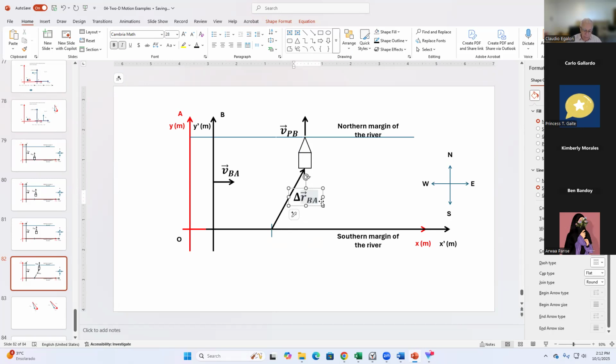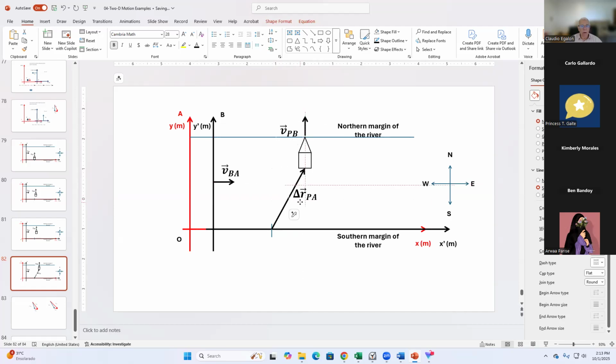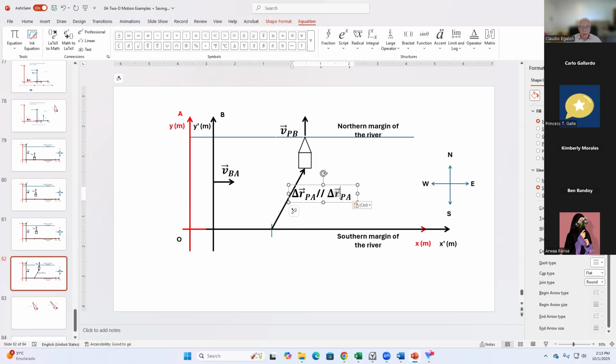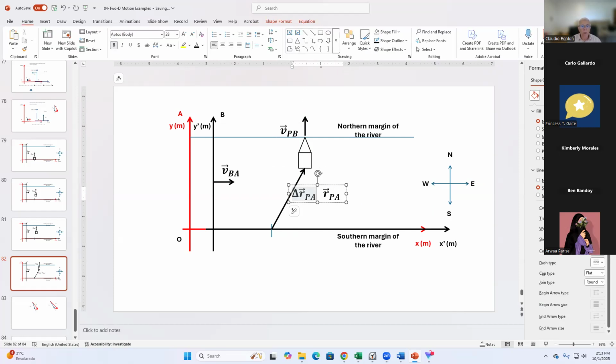It's the displacement of the boat P with respect to referential A, which, by the way, is going to be parallel to the velocity vector of the boat P with respect to the referential.